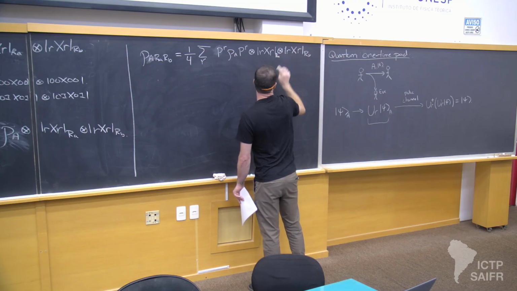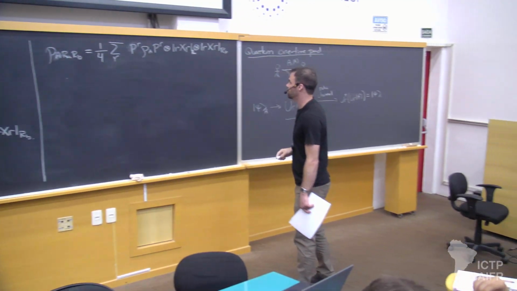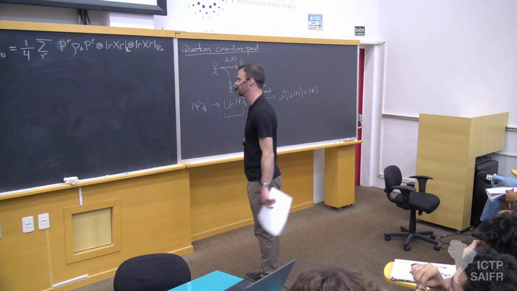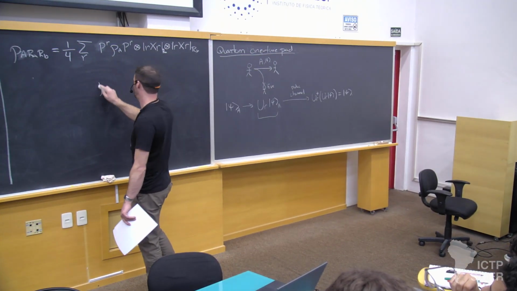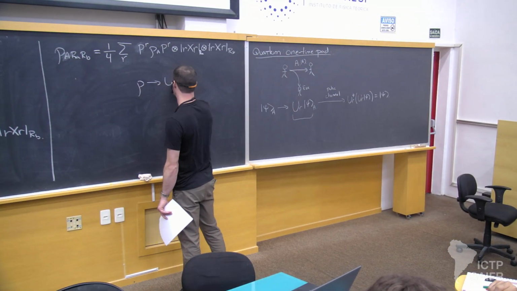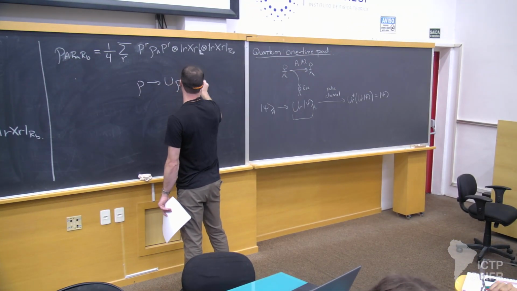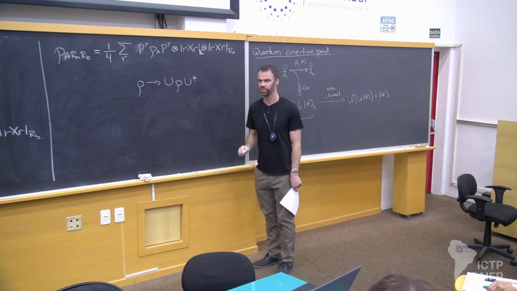Okay. So I guess I actually didn't say this explicitly in the previous lecture, but if you take a density matrix and you do a unitary to it, it transforms like this.